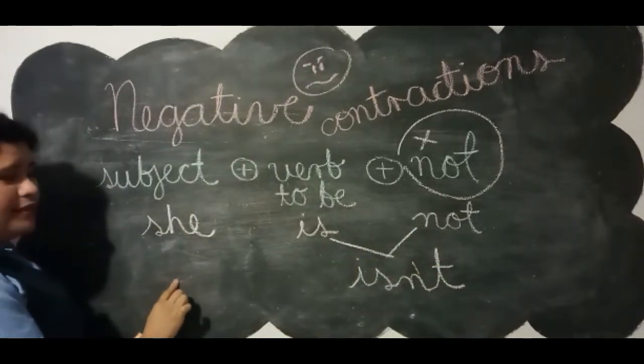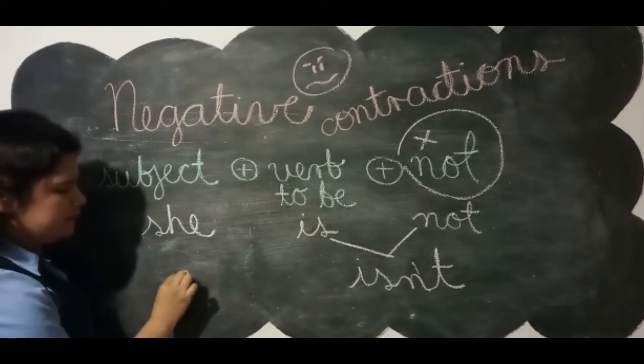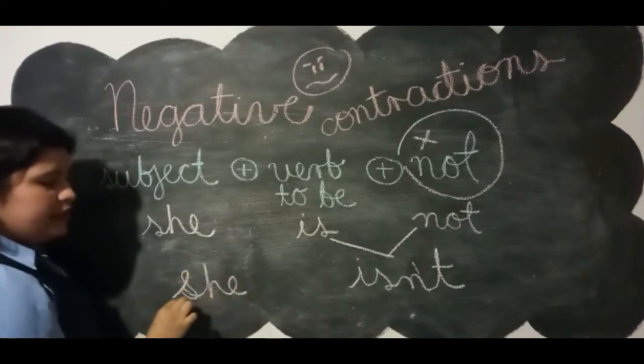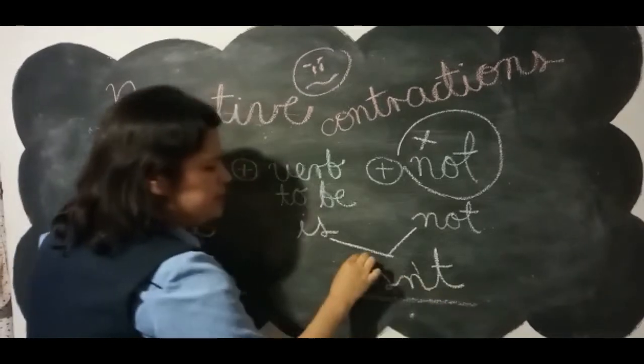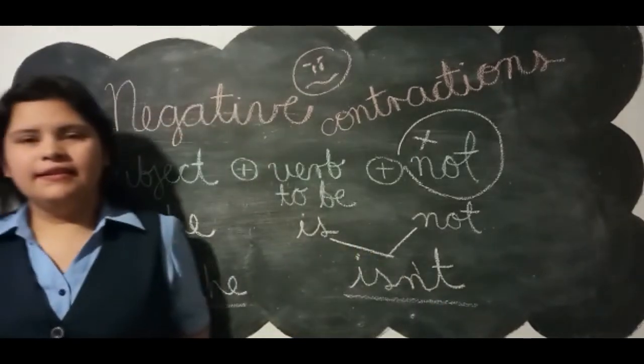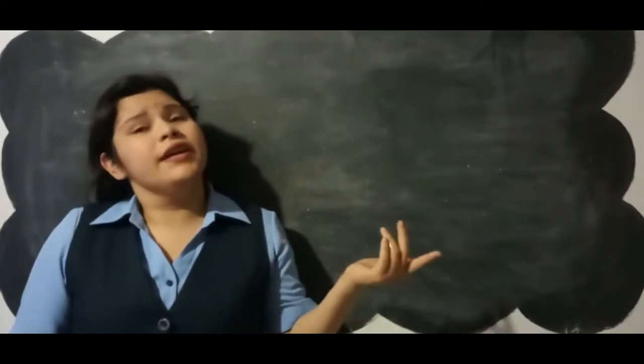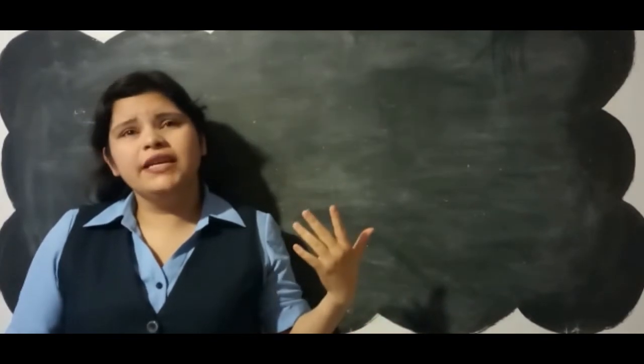And the subject is going to be the same. She isn't. Remember that we are practicing negative contractions. So now we're going to make an example with are.